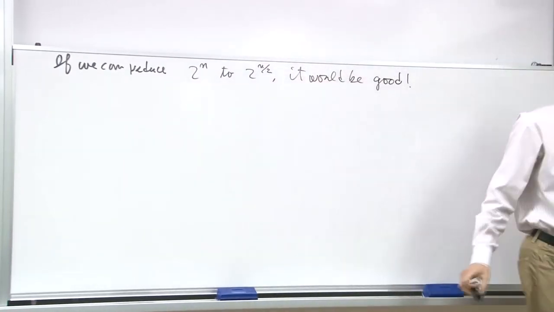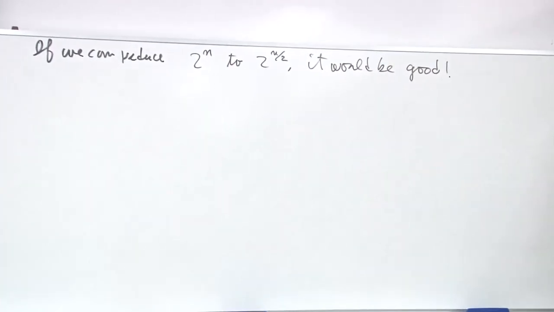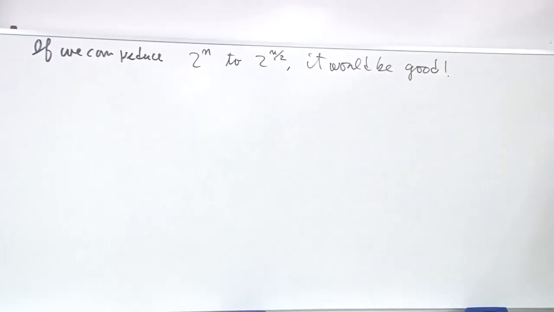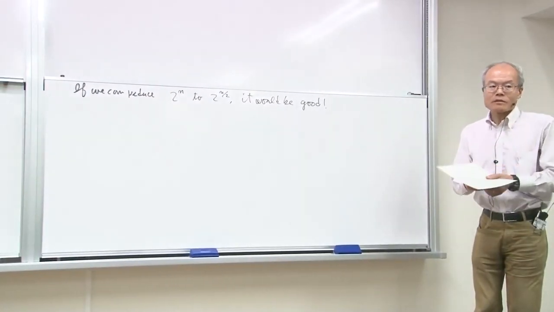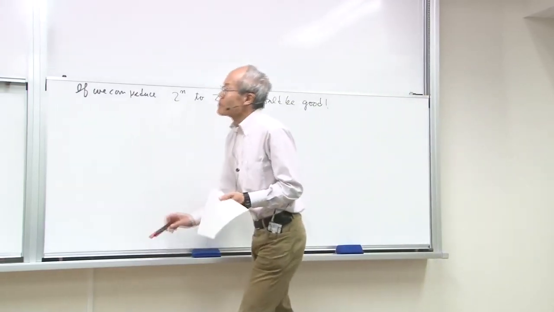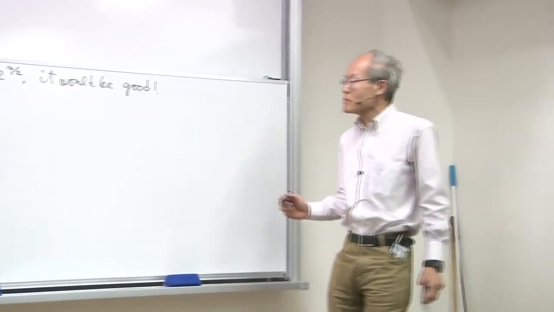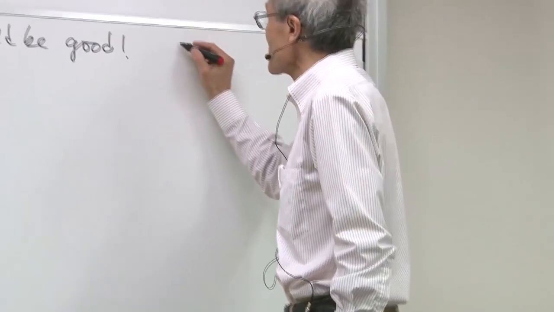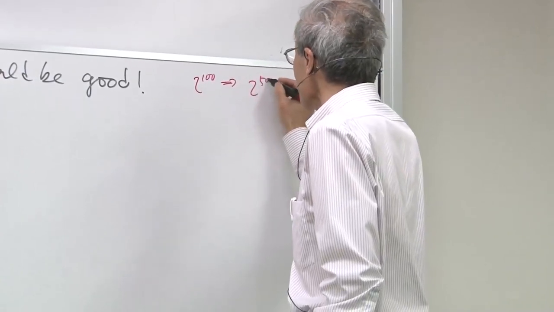The idea is just to try to go from 2 to the n to 2 to the n over 2. That is our goal. That is what we call exponential speed up. For example, if we have 100 numbers, there's something like going from 2 to the 100 to 2 to the 50.